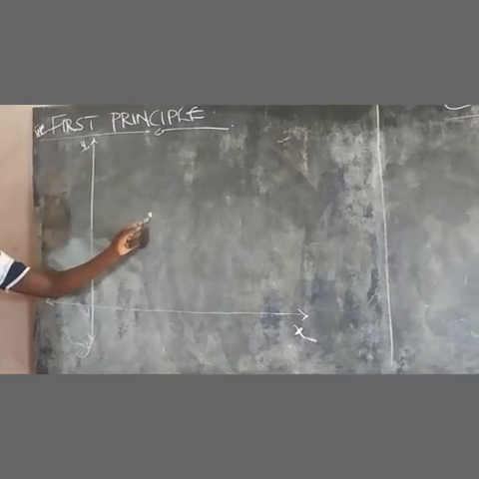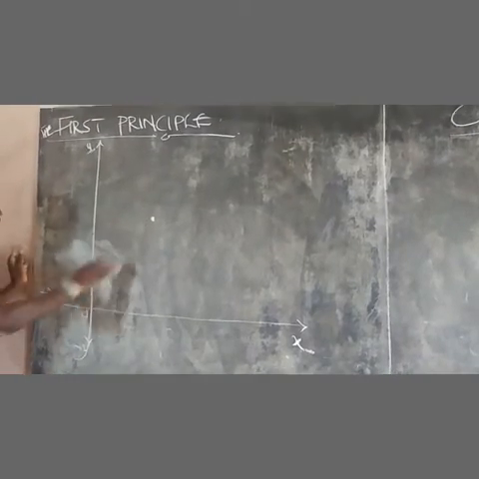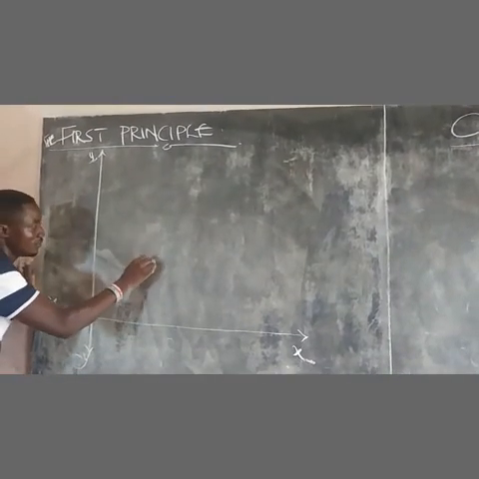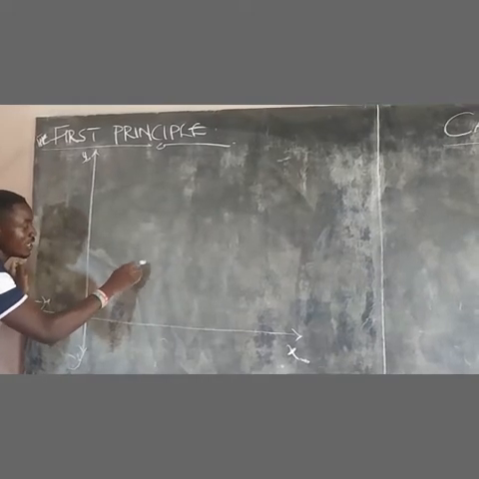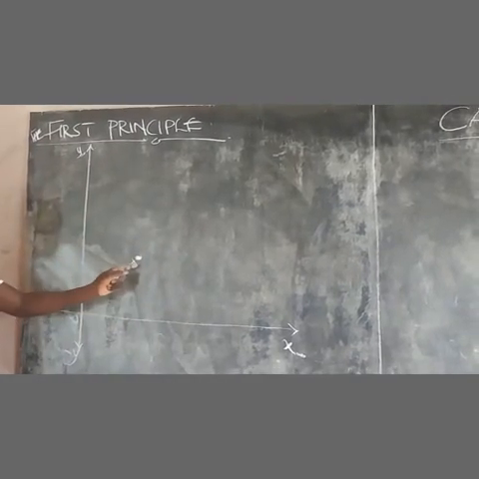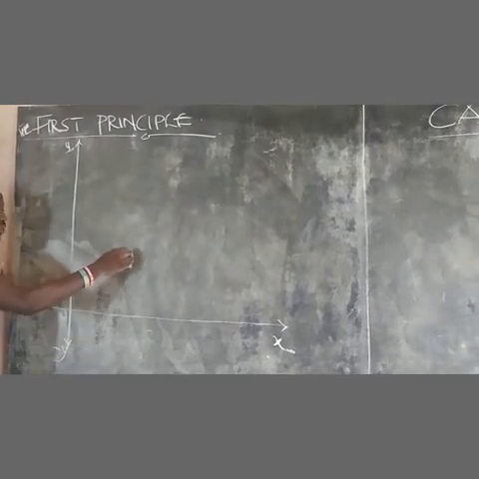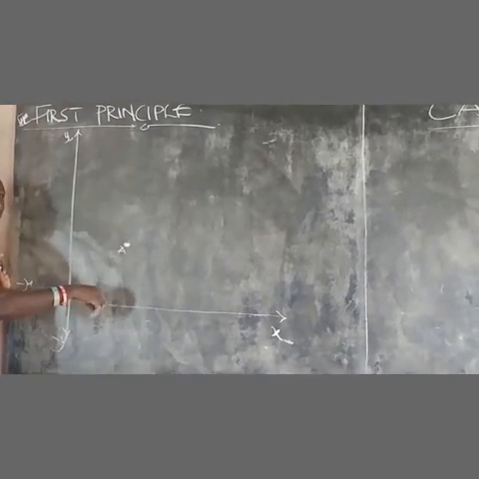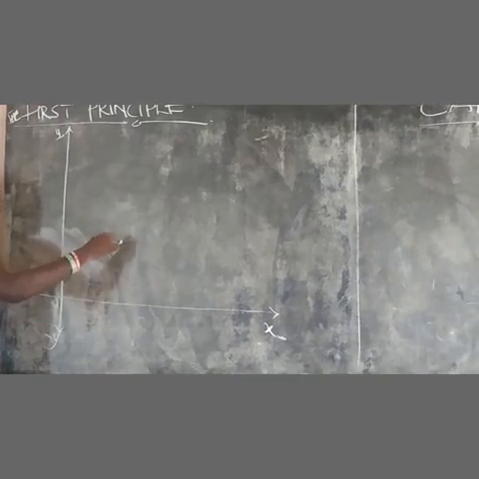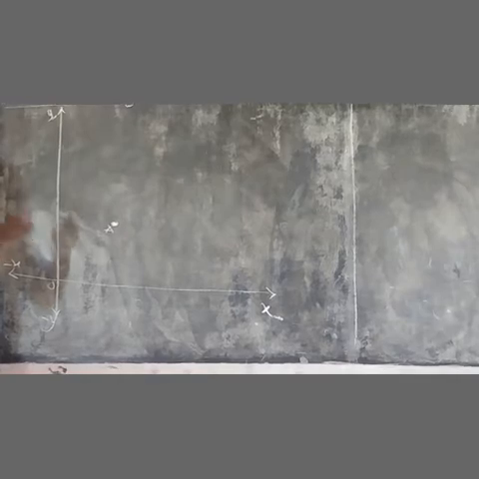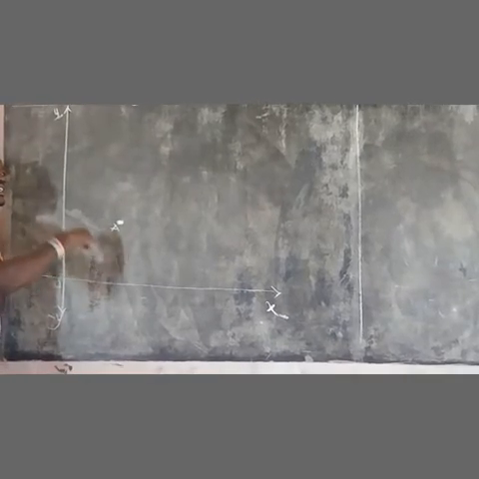How do we get the coordinates? Let me bring this point down. This is point A. How do we get the coordinate of point A? You start at point A and you move towards the x-axis. Then you start at point A and you move towards the y-axis, because every coordinate has an x and y coordinate.